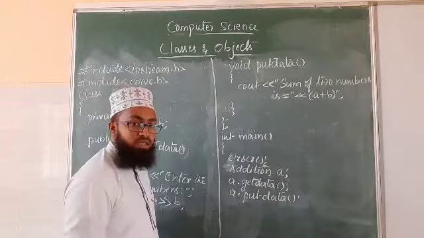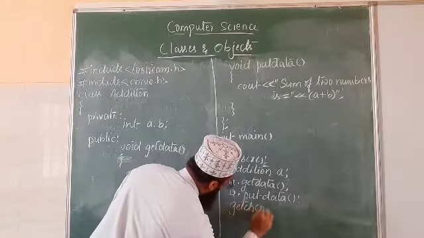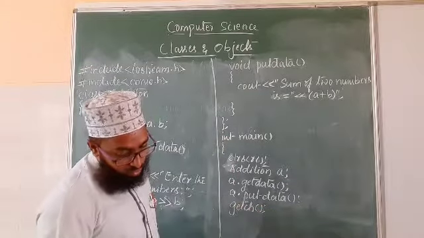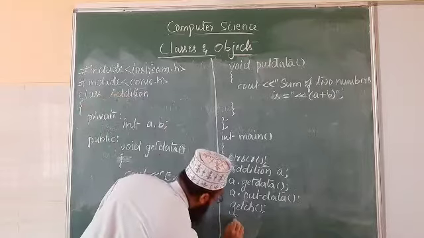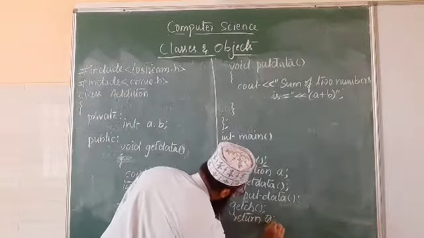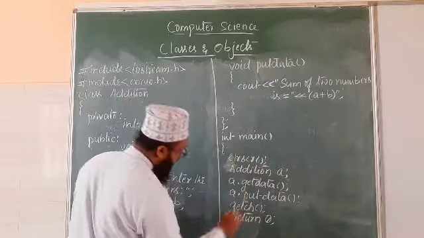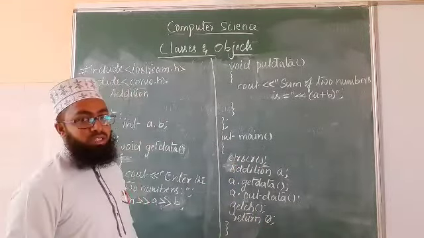Then after that, getch, then return 0. After that, this open curly brace is going to be closed here.